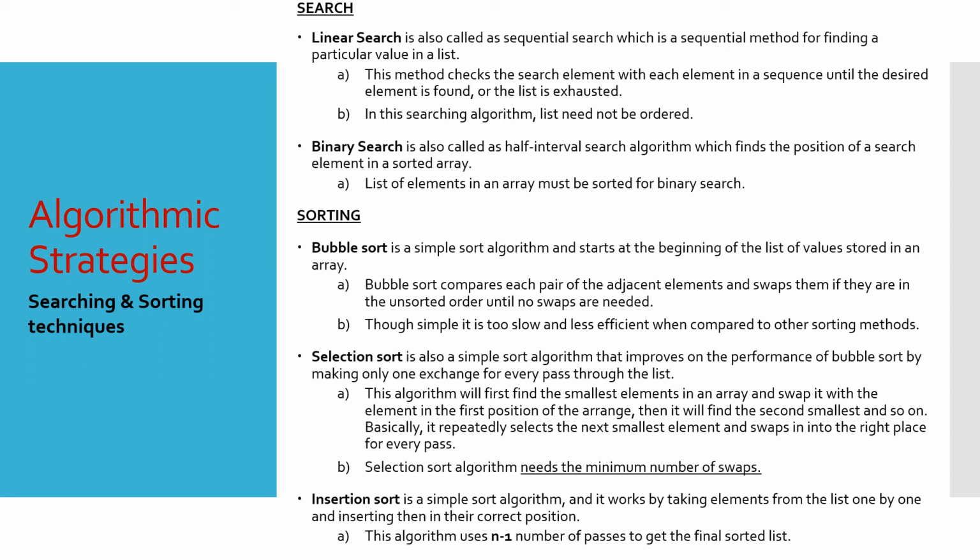But a binary search is called half interval searching. It's another method of searching, also called the half interval search algorithm, which finds the position of a search element in a sorted array. This is a good thing. In a binary search, the criterion is that the list of elements in the array must be sorted.